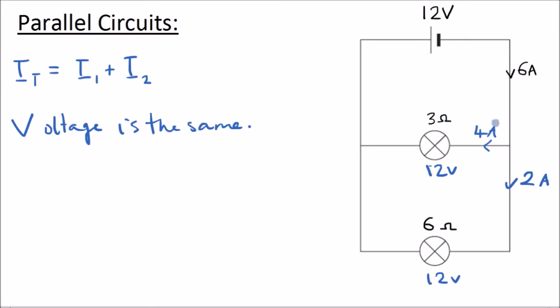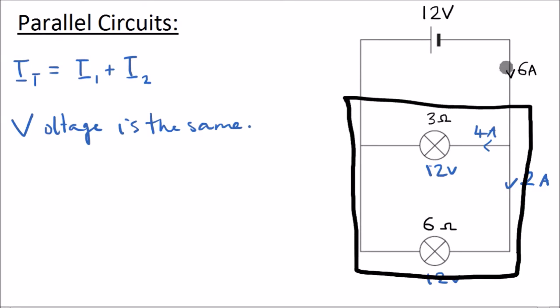If we take the total resistance as the resistance of this entire section with the two lamps included, so if we pretend that all of the lamps are in a black box, and we want to know the total resistance of the black box, we can do this. We know that V equals the total current multiplied by the total resistance.